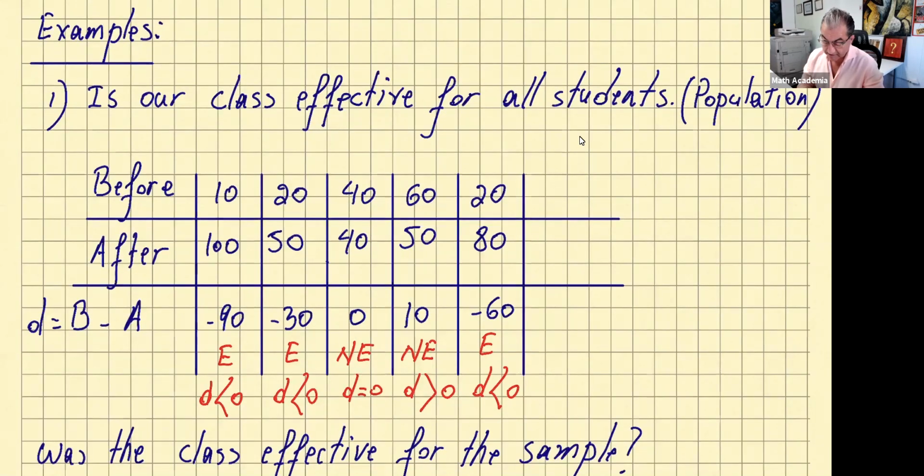Is our class effective for all students? Time is the population. If I want to know whether the class I teach is effective for the class itself, or for a sample, then I can take some students and give them a final the first day of the class.